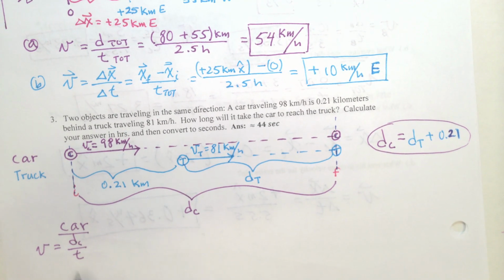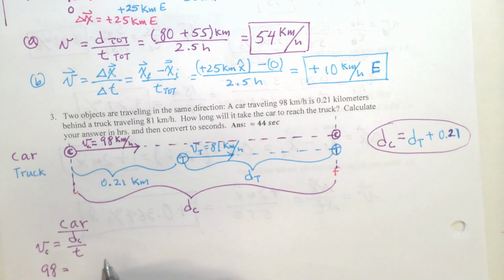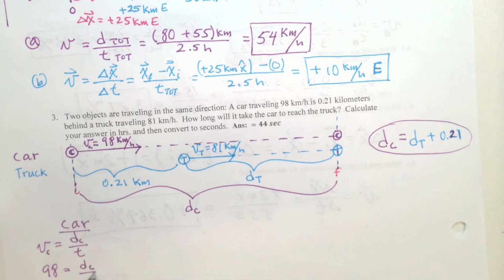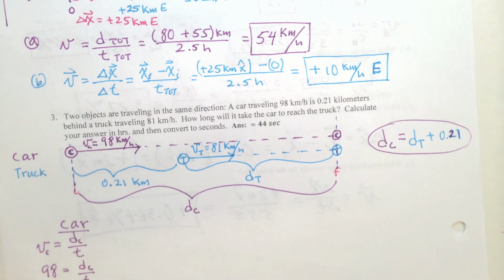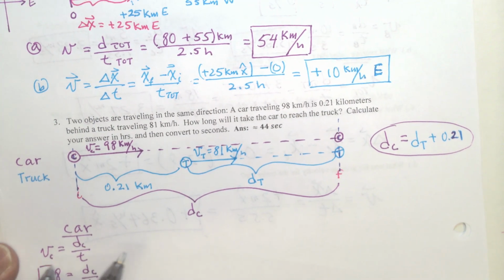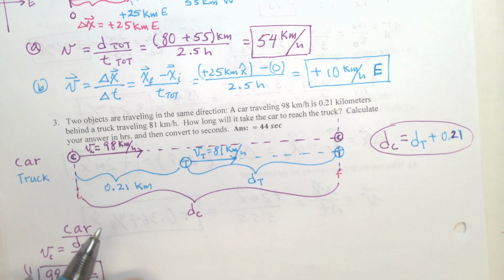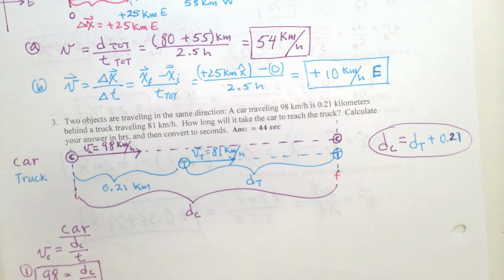And we also know that V for the car is simply 98 kilometers per hour, which is equal to distance car divided by the time. At this time and this time, same time. So here's one equation, but we have two unknowns. We don't know the distance of the car. We don't know the time.